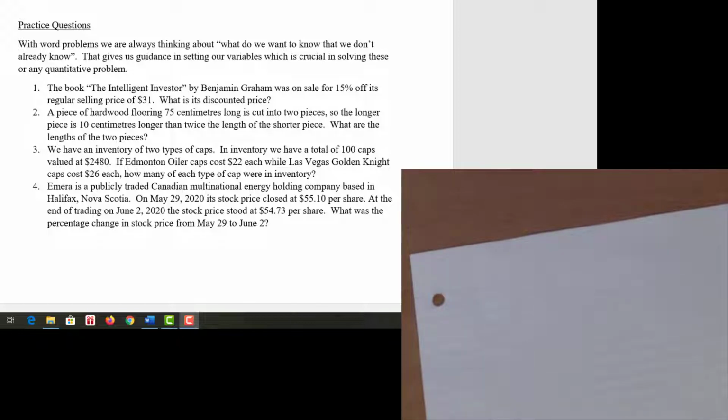Okay, so we start off with the first question, the book, The Intelligent Investor, by Benjamin Graham, a classic, written in the 30s, but an awesome book nevertheless. Some of it's become a little bit dated, but I think the key lesson from that book, and it's in the first 100 pages of a very thick book, is that the biggest enemy of your portfolio is not your neighbor, it's not the Prime Minister of Canada, it's not the President of the United States, it's not the man in the moon, it is you.